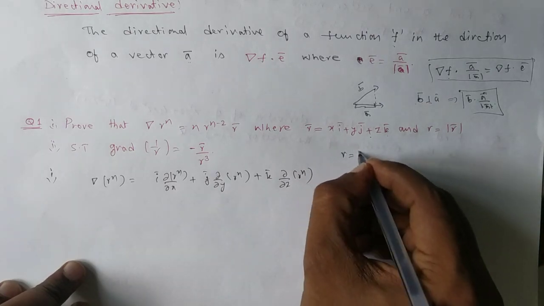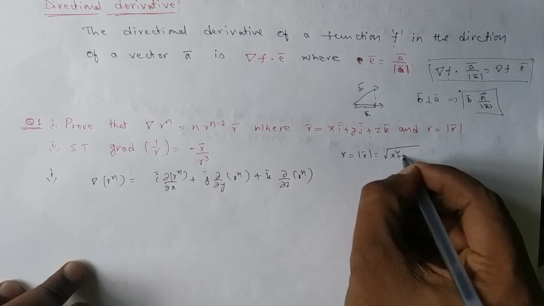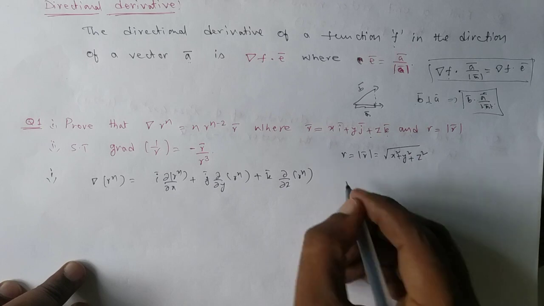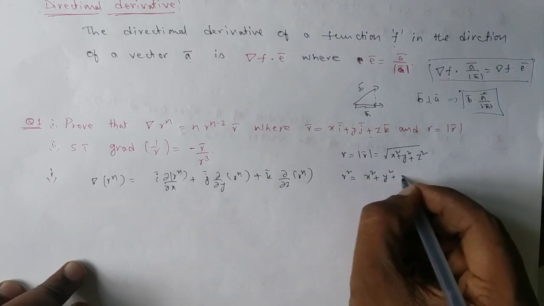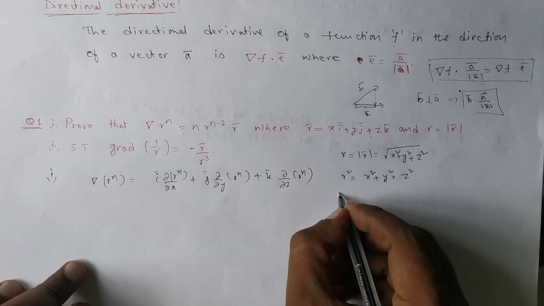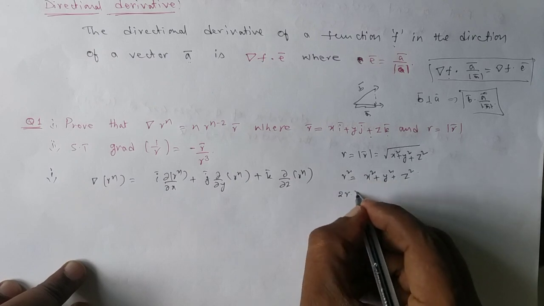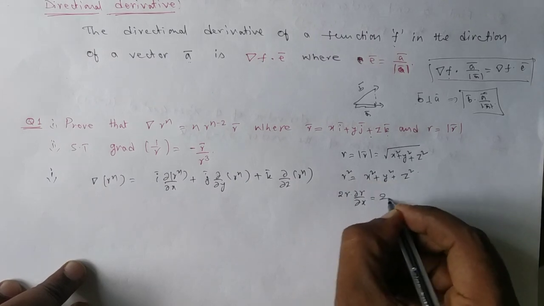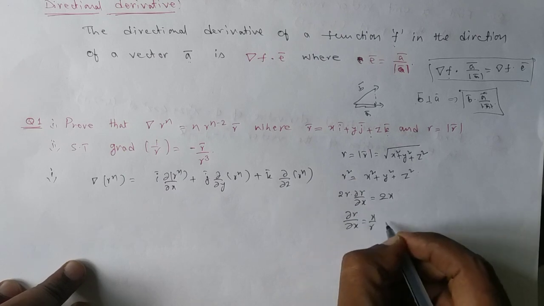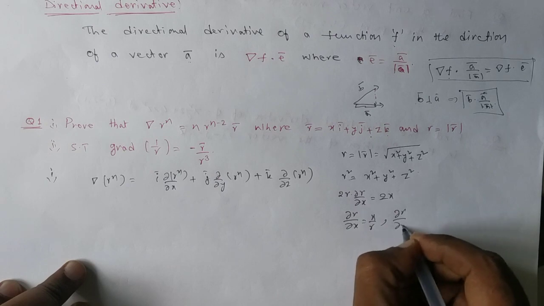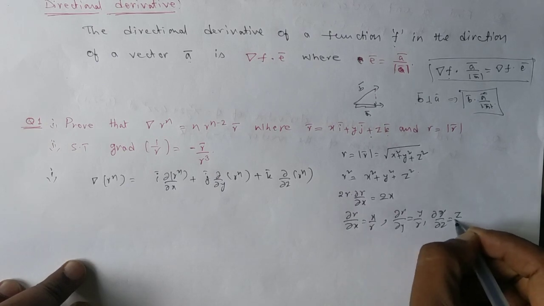So r equals magnitude of r bar, which means it is the square root of x square plus y square plus z square. So we can have r square equal to x square plus y square plus z square. Taking the differentiation of this with respect to x, we have 2r into dou r by dou x equal to 2x, which means dou r by dou x equals x by r. Similarly, dou r by dou y equals y by r, and dou r by dou z equals z by r.